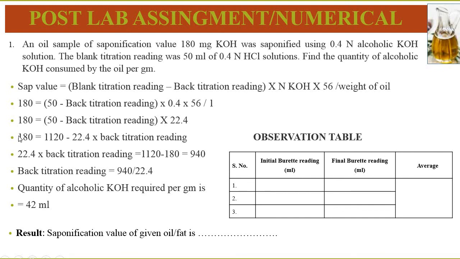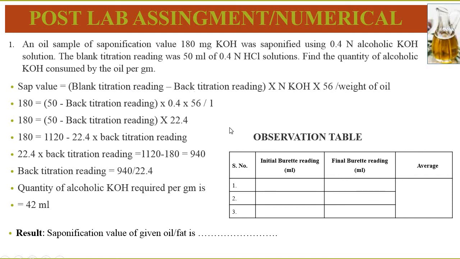By solving this equation in different steps, we can get the quantity of alcoholic KOH required per gram as 42 ml. So this is how we can calculate the saponification value by using the saponification value equation.